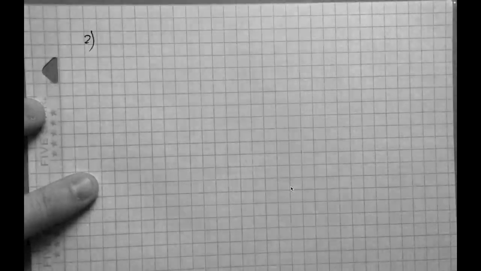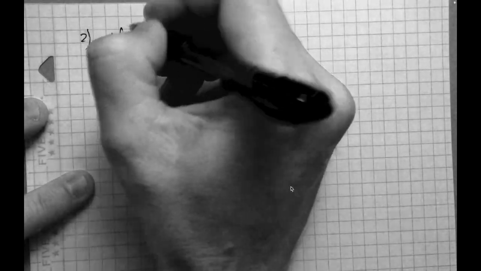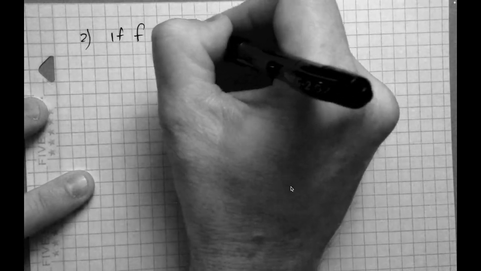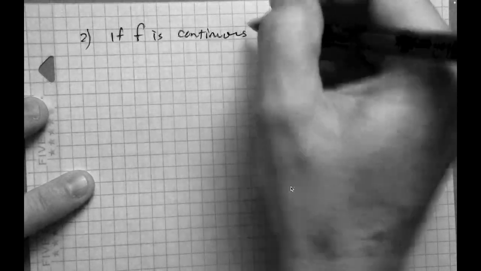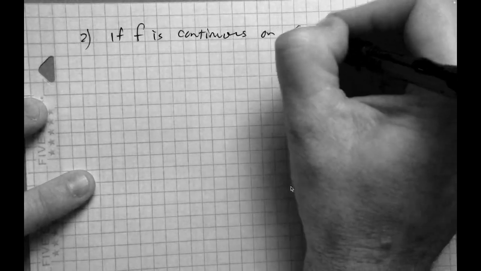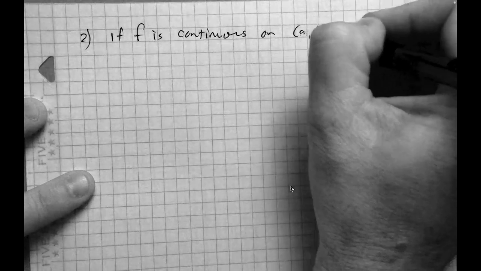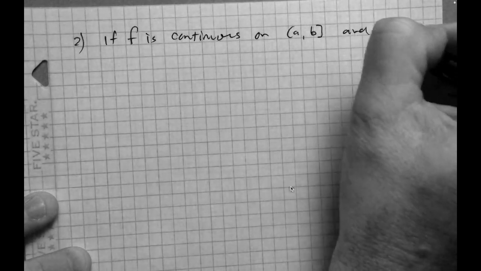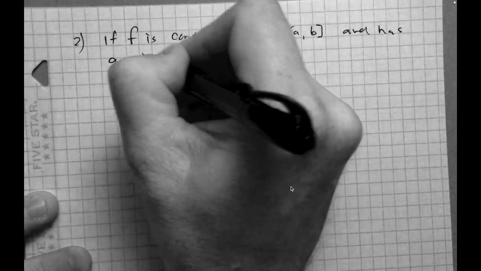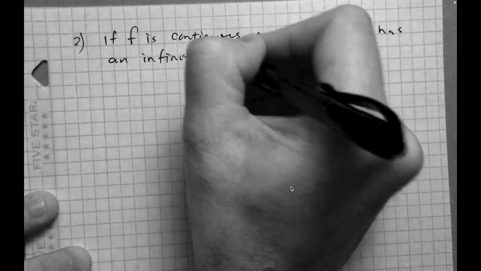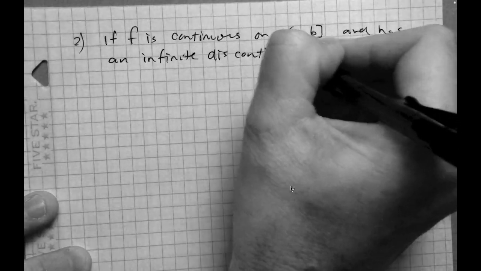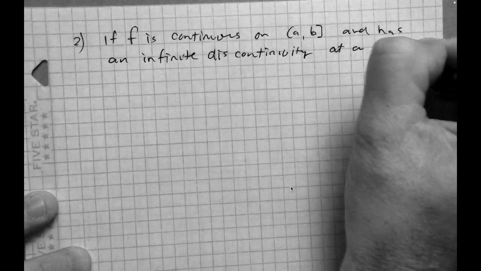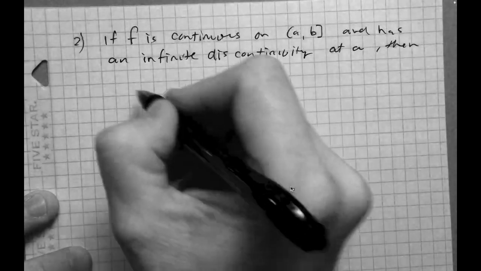The second situation would be if f is continuous on the half-open interval from A up to B, including B, so half open, and has an infinite discontinuity at A. Then we're going to do the same thing.